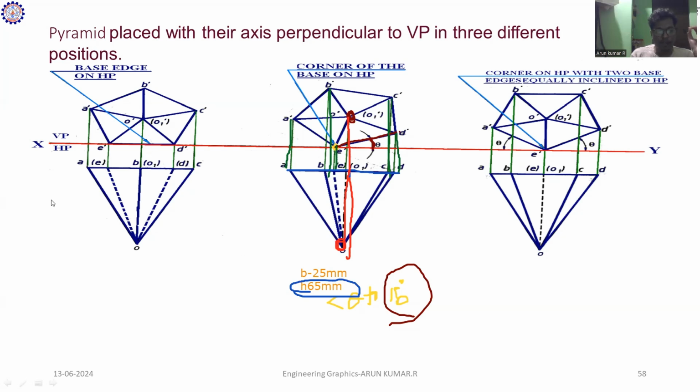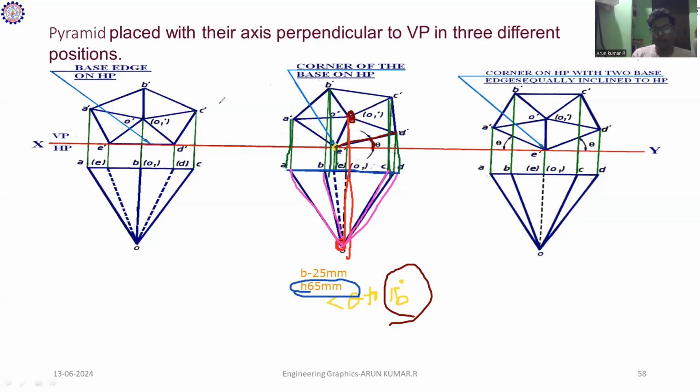So all the corners get joined. AO and DO are longer edges of the pentagon compared to BO and CO. This side has a greater value when compared to these two.